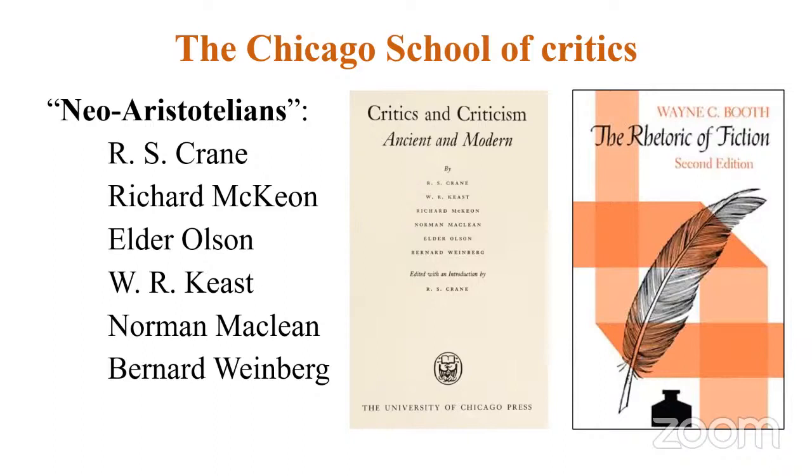Aristotle in his Poetics gave much importance to plot, which he called the soul of tragedy. And these critics also gave more importance to plot when they analyzed works. So that's why these critics are also called Neo-Aristotelians.